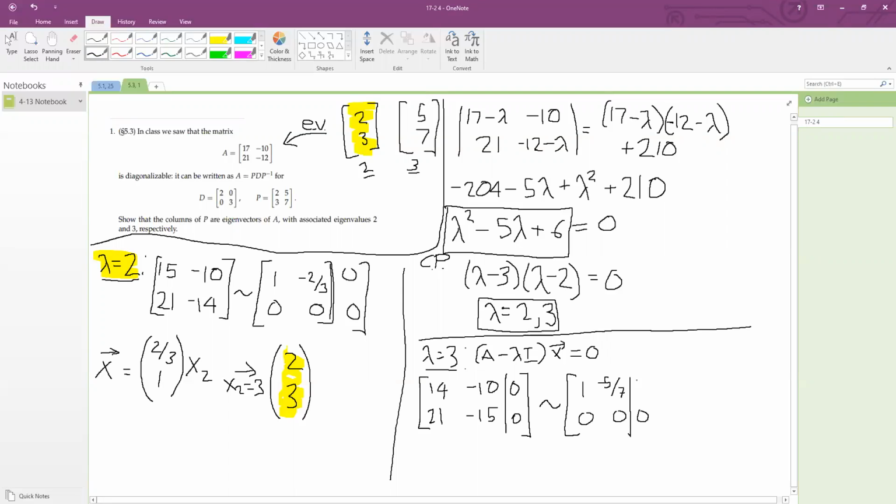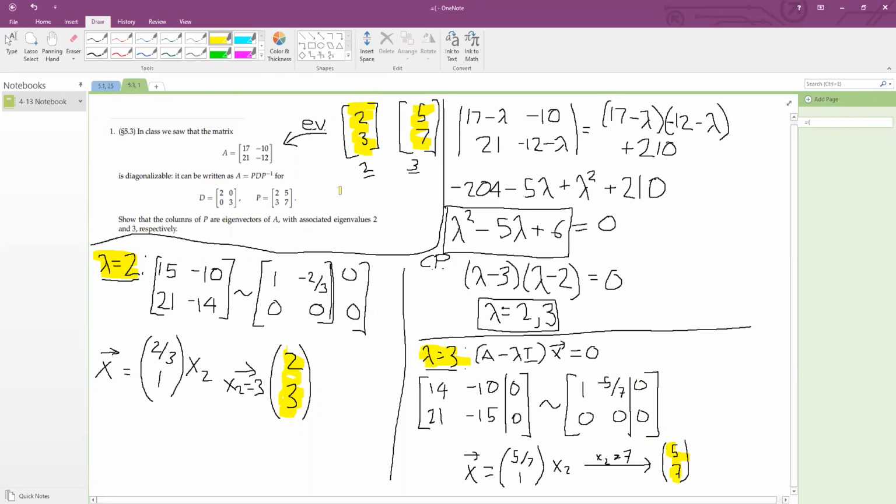So we have another free variable, which is exactly what we expected. If you write this out, we have our positive 5/7 there because we're adding it over. We have a free variable for x2. And if we assume x2 is 7, that would allow the fraction to cancel. Then we'll end up with an eigenvector of 5 and 7, which is exactly what we needed. We have 5 and 7, which is the second column of P.